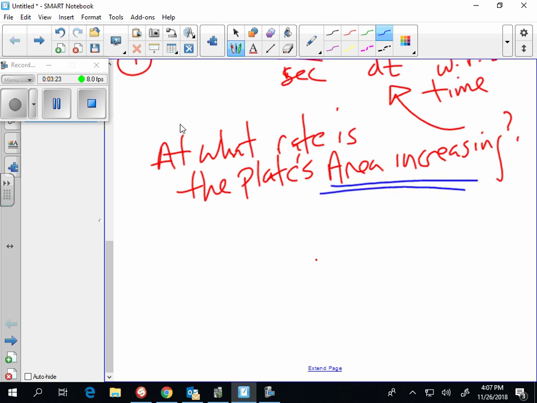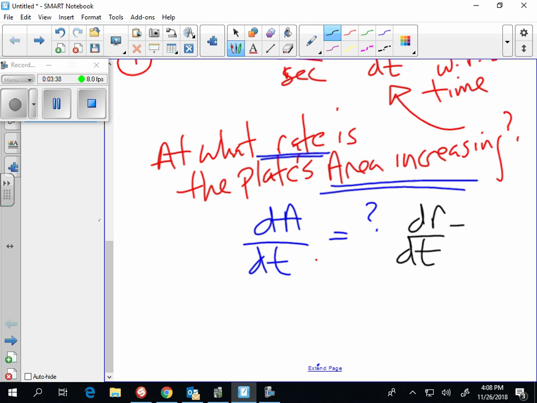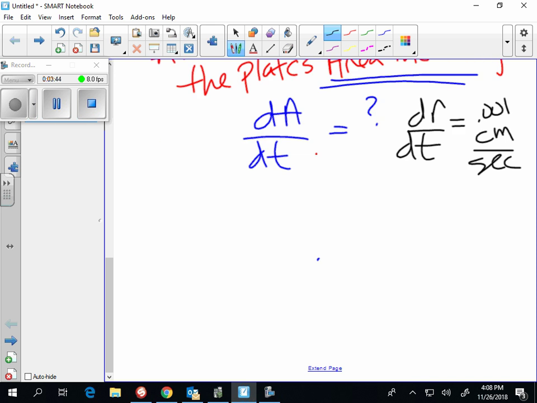Area is increasing. What rate? Oh, well, that's going to be dA/dt. They're asking about dA/dt. They've given me dr/dt equals 0.001 centimeters per second. And they'd like to know dA/dt.